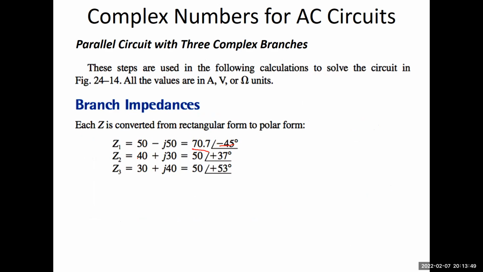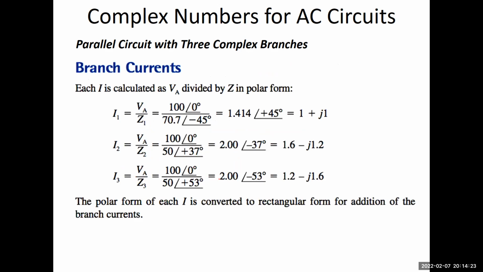And impedance 2, the 40 plus J30 is equivalent to 50 magnitude and phase angle of 37 degrees. And finally, our impedance 3, the 30 plus J40, okay, is equal to the polar form with magnitude 50 with the phase angle of 53 degrees. Okay.